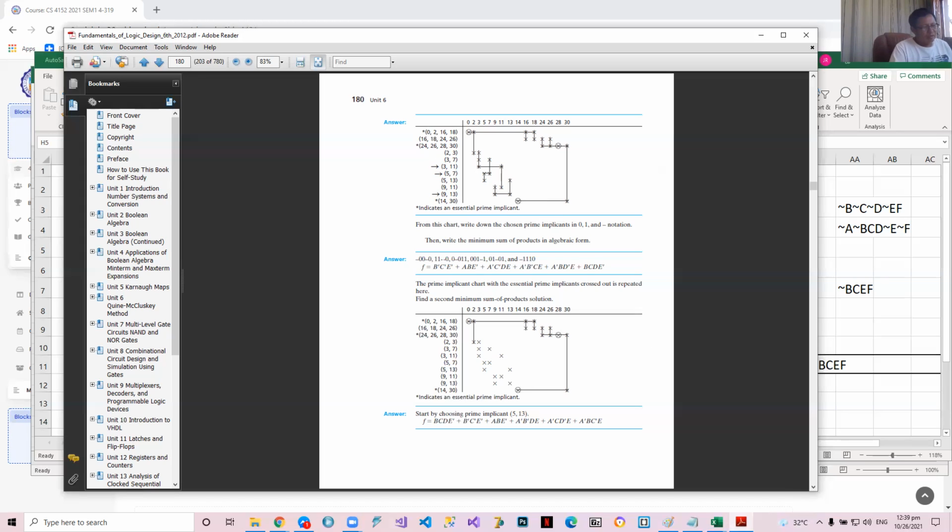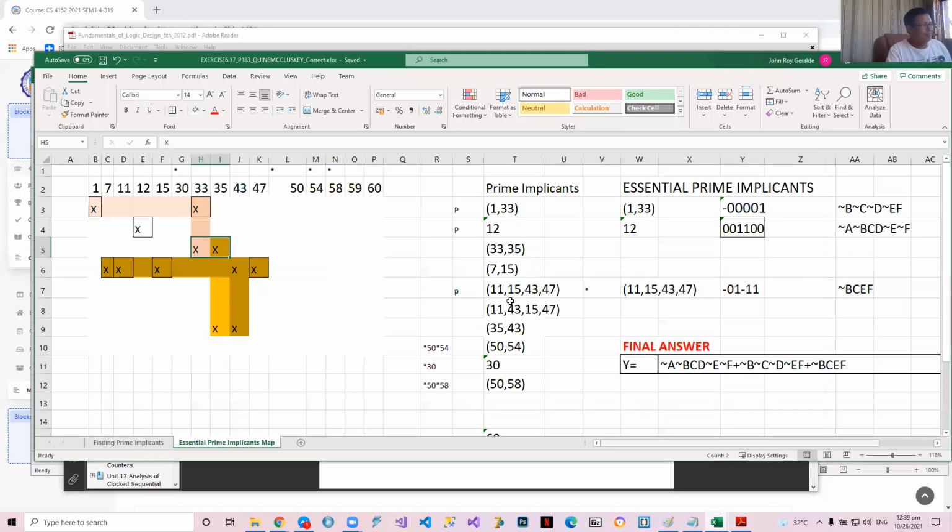Okay? So let's look at our solution. Tama ba tayo? No? Kasi ito 133. Okay? So 133 tatamaan ito. Do you follow? Dapat kasali ang 33, 35. Because 35 will not be included. Do you follow?